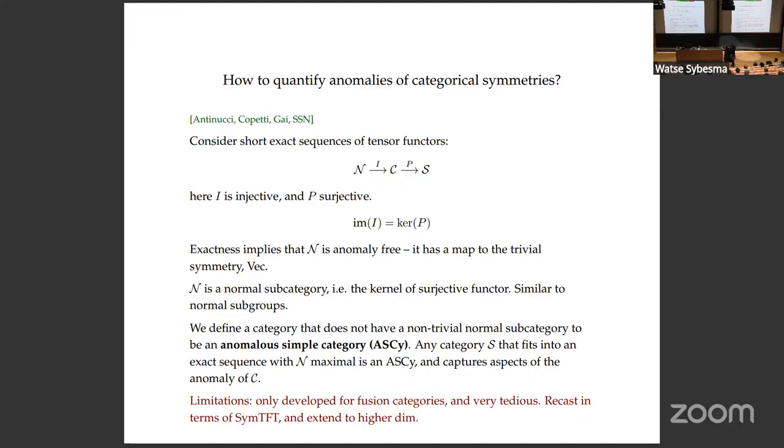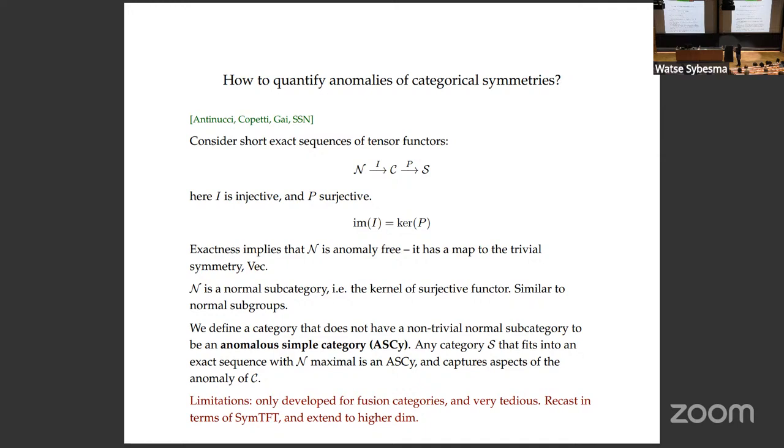So in fact, if I have a C and I have such a sequence, I can trivialize N. So N is always the bit that, in the RG flow, I can wash out, whereas S can potentially be the non-anomalous part. And if you pick N to be maximal, so there's no larger N that can sit in such a sequence, then we have the maximal core of the anomaly on the right-hand side.